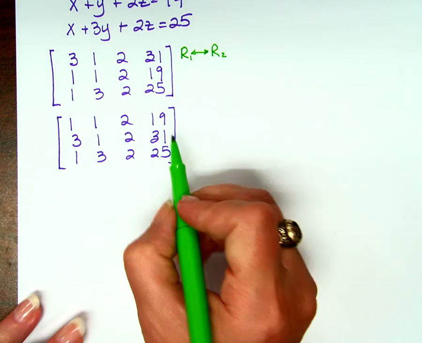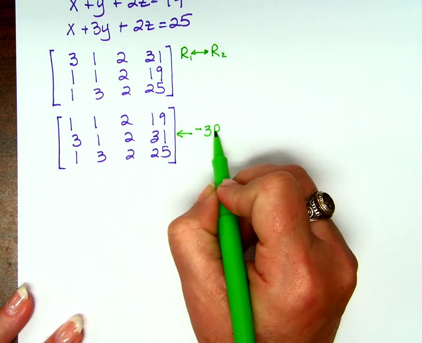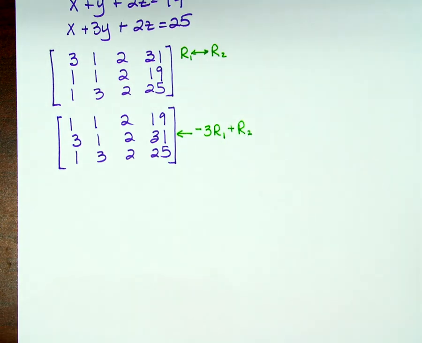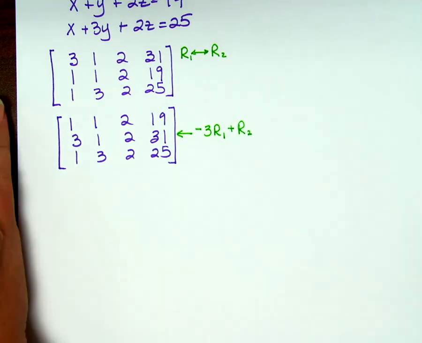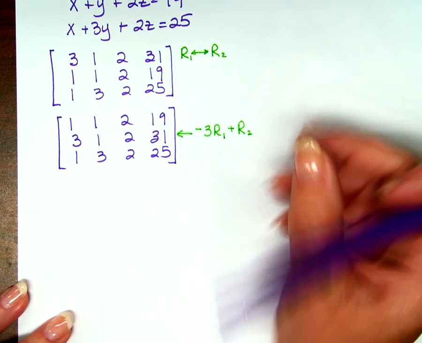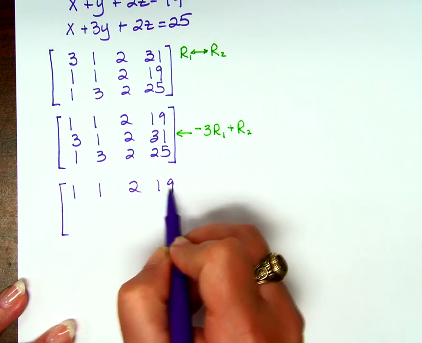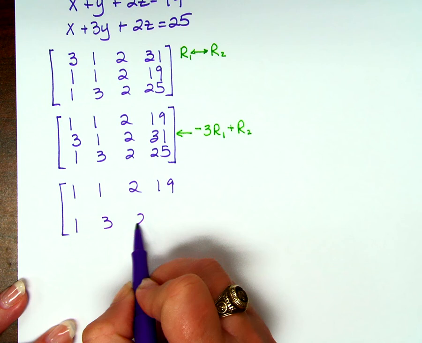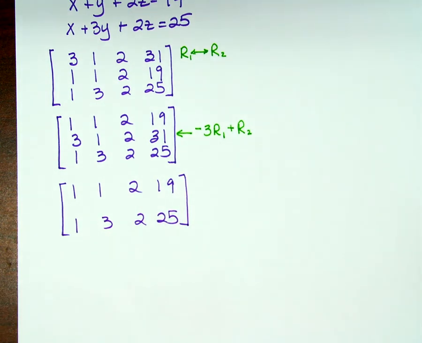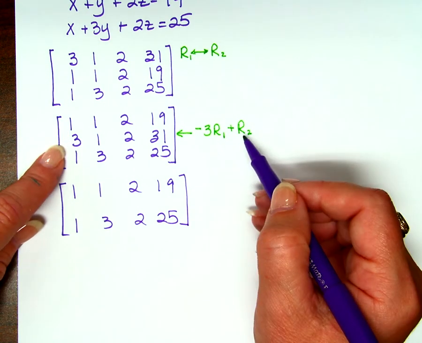So let's do this next. Let's take -3 times row 1 and add it to row 2. Notice, where did I write that? Beside row 2. That means when I do all this stuff, I want my answer written in row 2. So I can go ahead and write my matrix 1, 1, 2, 19, row 1, and I can actually go ahead and write row 3 because neither one of those rows are going to change, are they? Okay. So let's multiply the top row by -3 and add it to row 2.